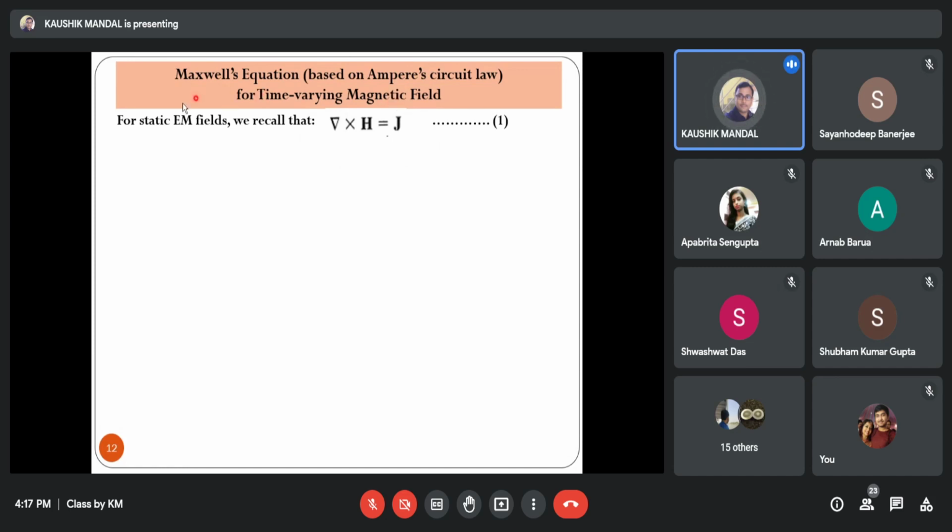That is for static electromagnetic fields. This Maxwell's equation, curl H equal to J, is the differential form for the static field.